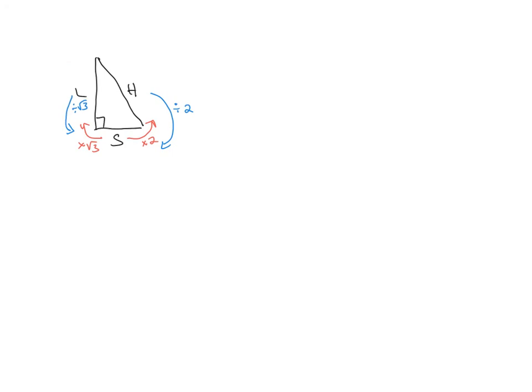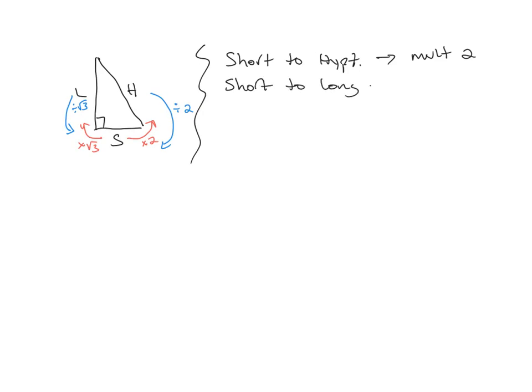And some people understand that and they're like, got it, I'm good. Some of you don't like that. So what I would say is, if I go short to hypotenuse, I'm going to multiply by 2. If I go short to long, multiply by square root of 3.